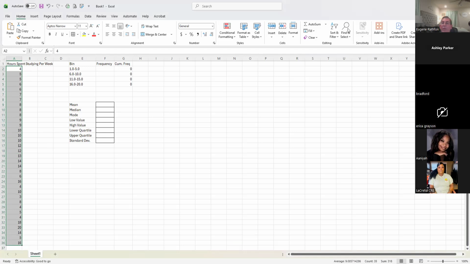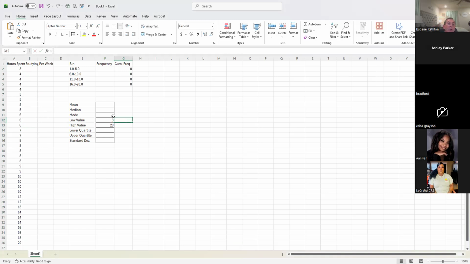I'm going to go over here and hit sort and filter, and then sort from smallest to largest. So over here, for my low value, I can tell that that was 3. My high value was 20.